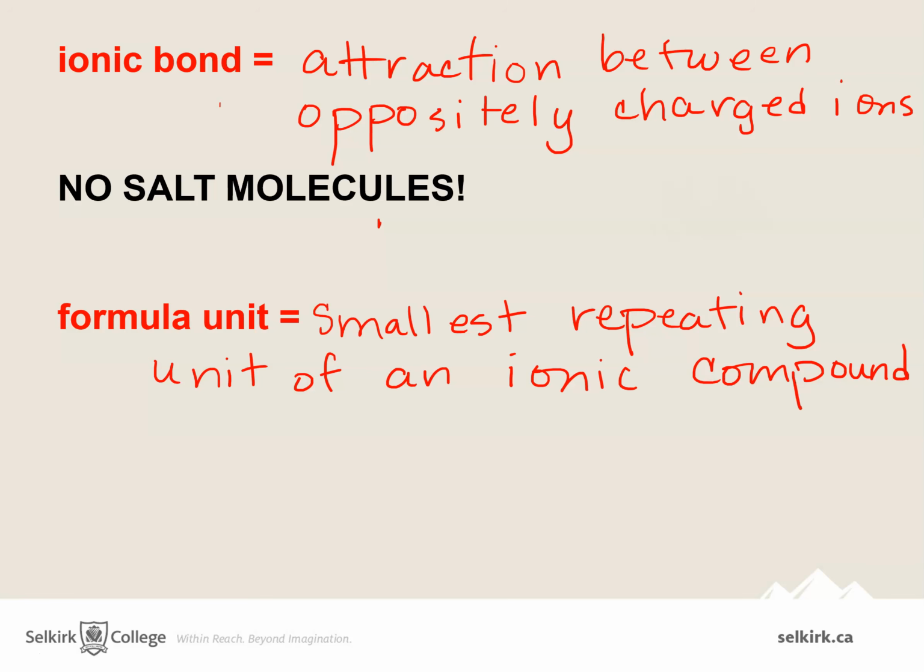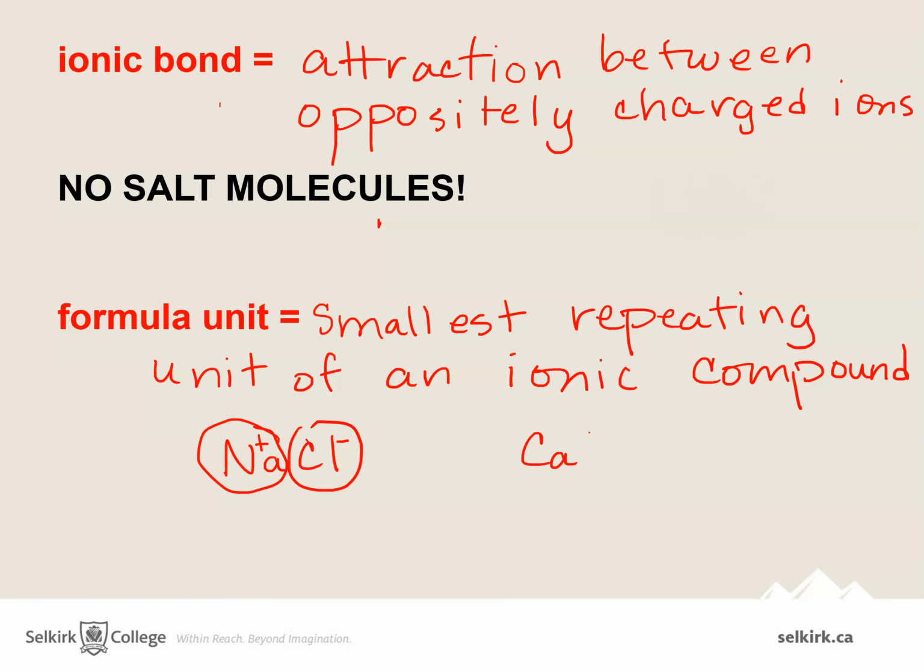The formula unit is the amount of the substance represented by the formula. So for sodium chloride, a formula unit would have one sodium ion and one chloride ion, because that's the amount represented by the formula.